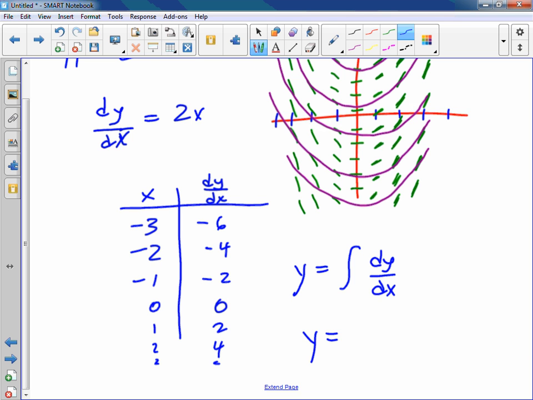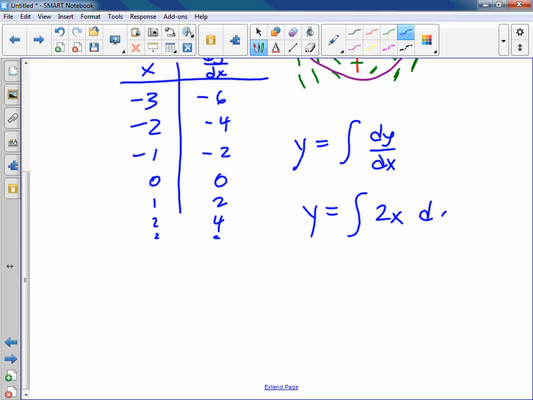So y equals the antiderivative, the indefinite integral in this case, of 2x dx. So then y equals 2x squared over 2. So y equals x squared.